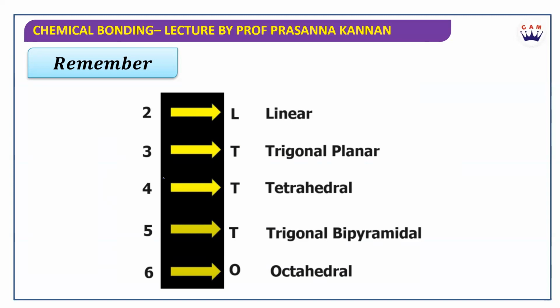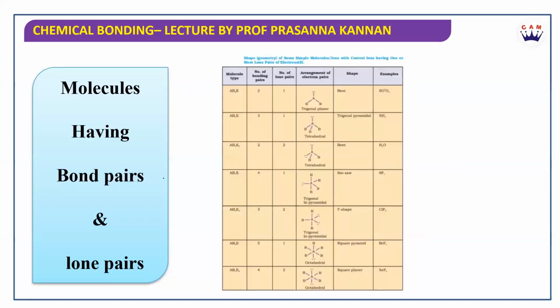Any doubts in this? Okay, now the next part in your NCERT is molecules having bond pairs and also lone pairs. Here you have to watch out for the repulsion concepts and accordingly decide. If the molecule is of the type AB2E, E refers to the number of lone pairs. AB2 means 2 bond pairs.